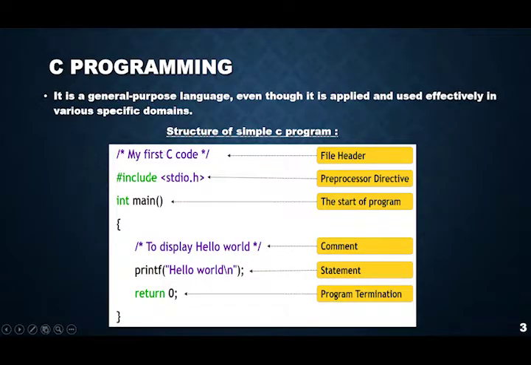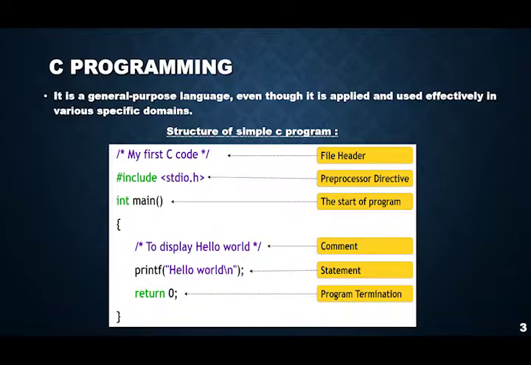So in the starting of the internship, we started with C programming. It is a very general purpose language and is used very effectively in various technical domains. And this is how the simplest code of C looks like. It consists of a file header, which means what is there in the C program.